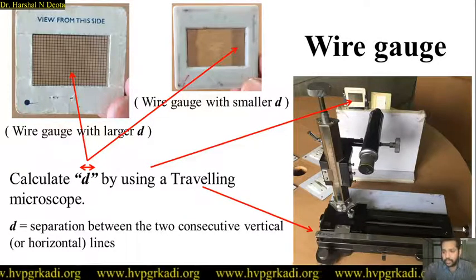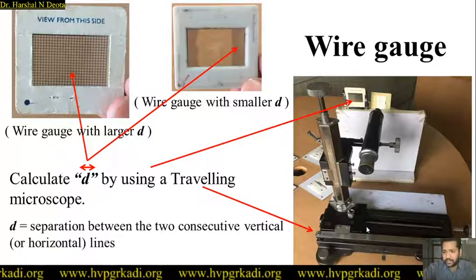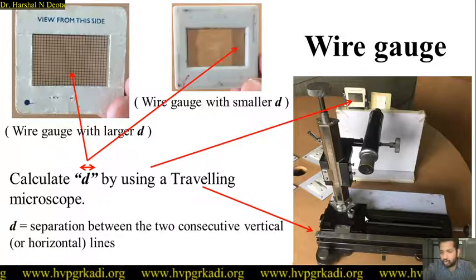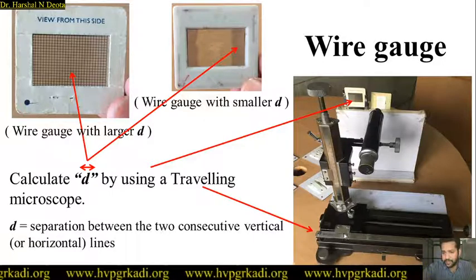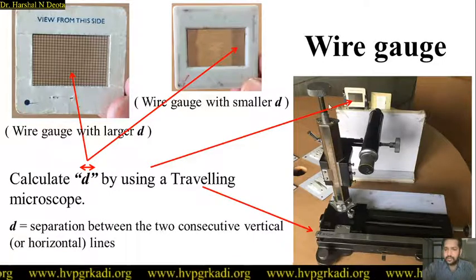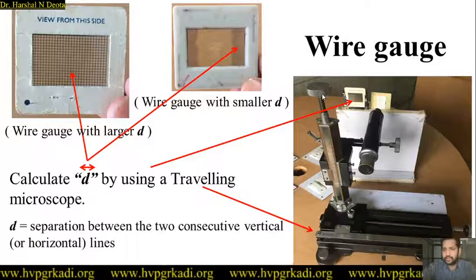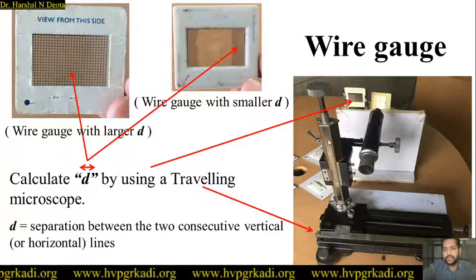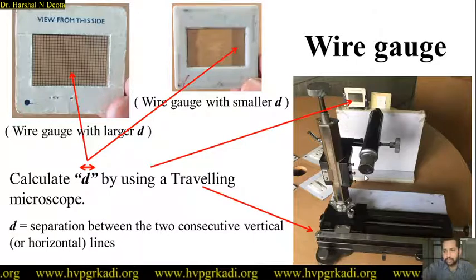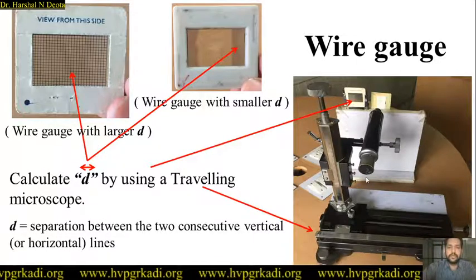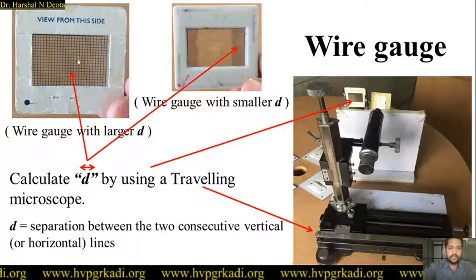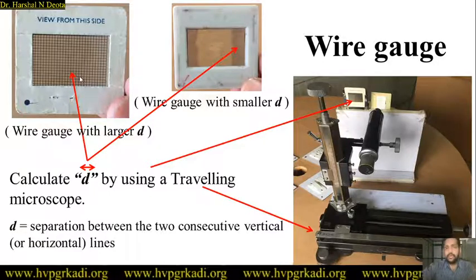With this screw, I will make the traveling microscope move on this optical bench, and this is the reading table from which I will get the readings. This screw is for adjusting the height of the microscope, and this setup will let you get the distance between the two horizontal lines or two vertical lines.